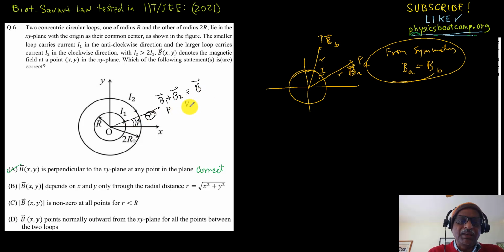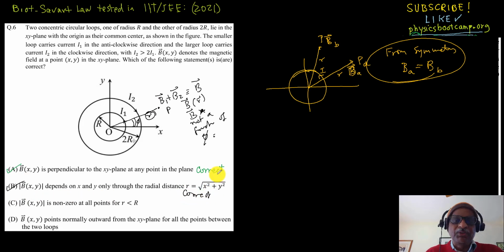B is not a function of this direction in which P lies, angle phi. And that's what this is saying.